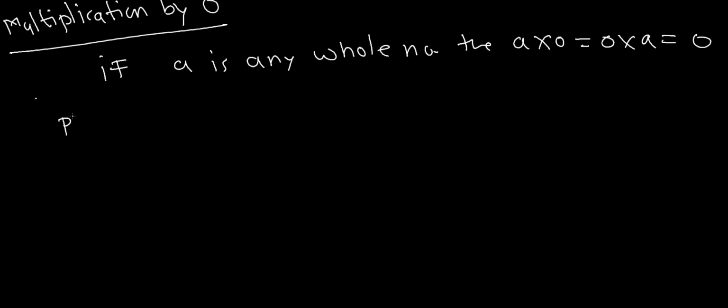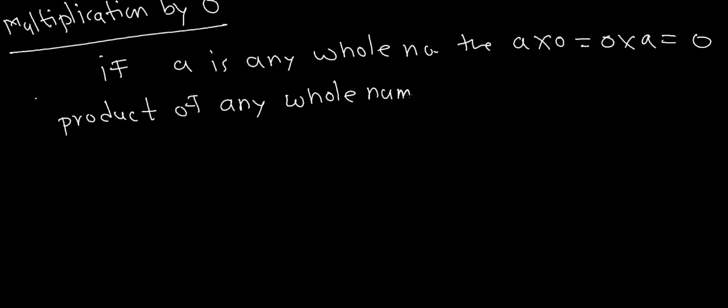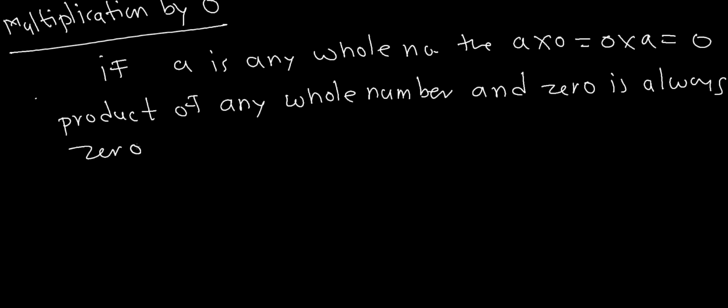So what it says, the product of any whole number and 0 is always 0. We have seen that.